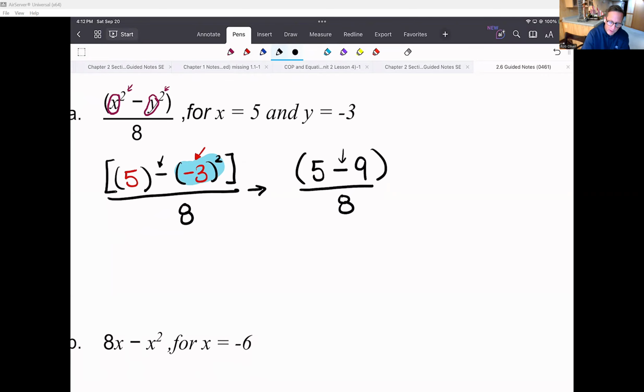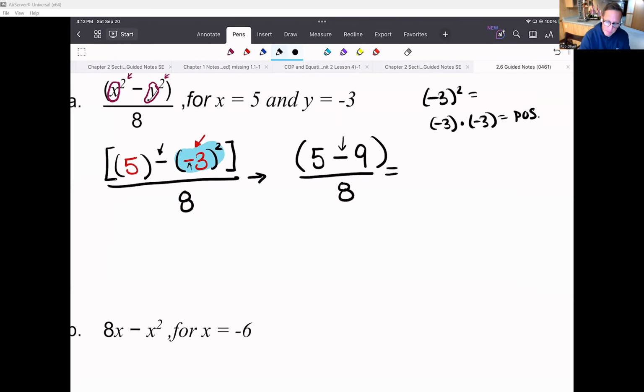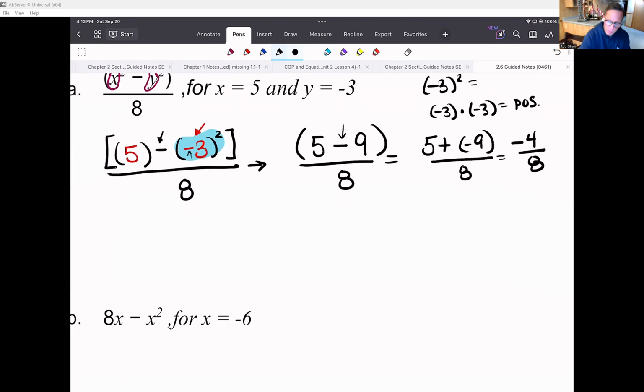This negative was taken care of when we multiplied -3, because when we did -3 squared, that became -3 times -3, which is a positive. So now 5 minus 9, you can think of that as 5 plus -9, over 8, which is really -4 over 8. And -4 over 8 is just -1/2, or -0.5.